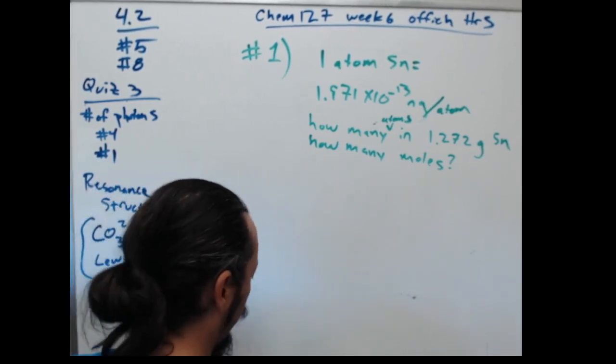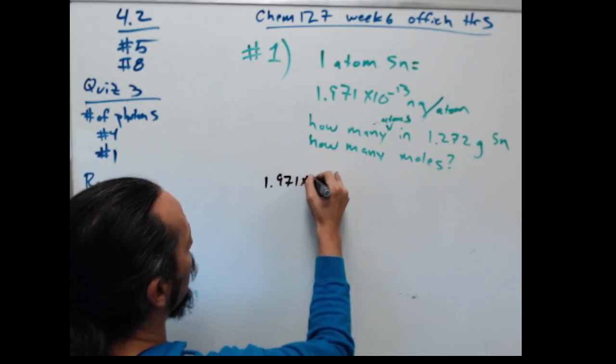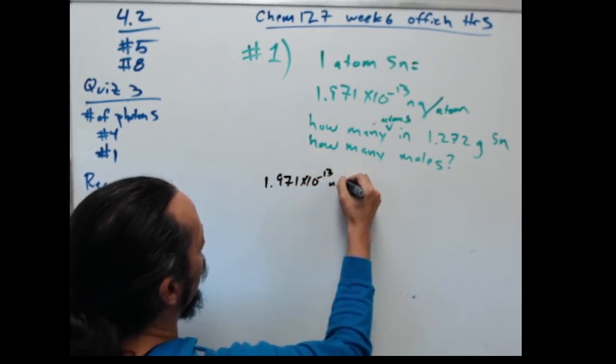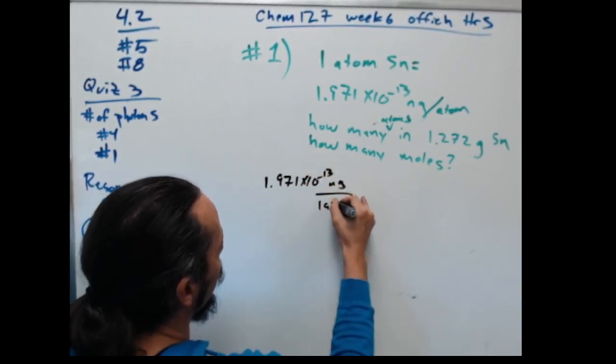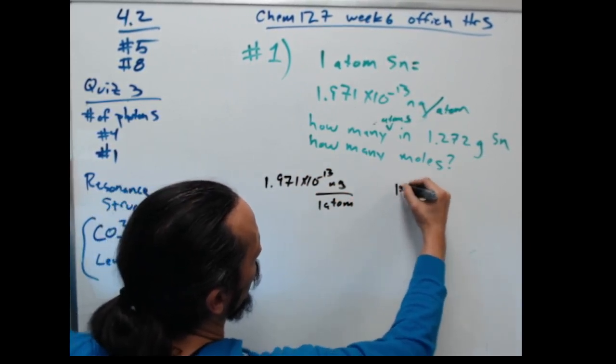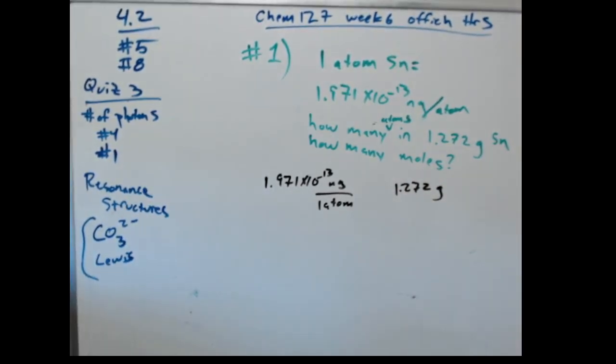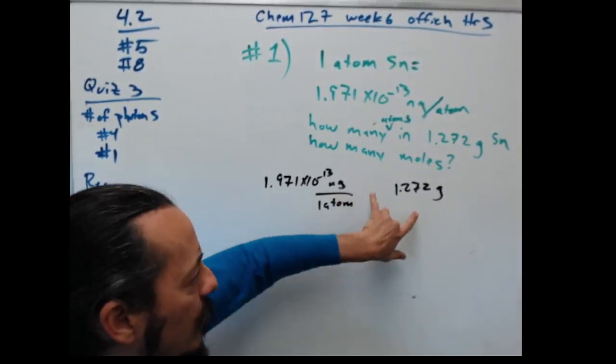I'm going to switch colors to be dramatic, but I've got my 1.971 times 10 to the minus 13 nanograms per 1 atom, and I've got my 1.272 grams. First thing I'll notice is that my units don't match, so I have to convert.